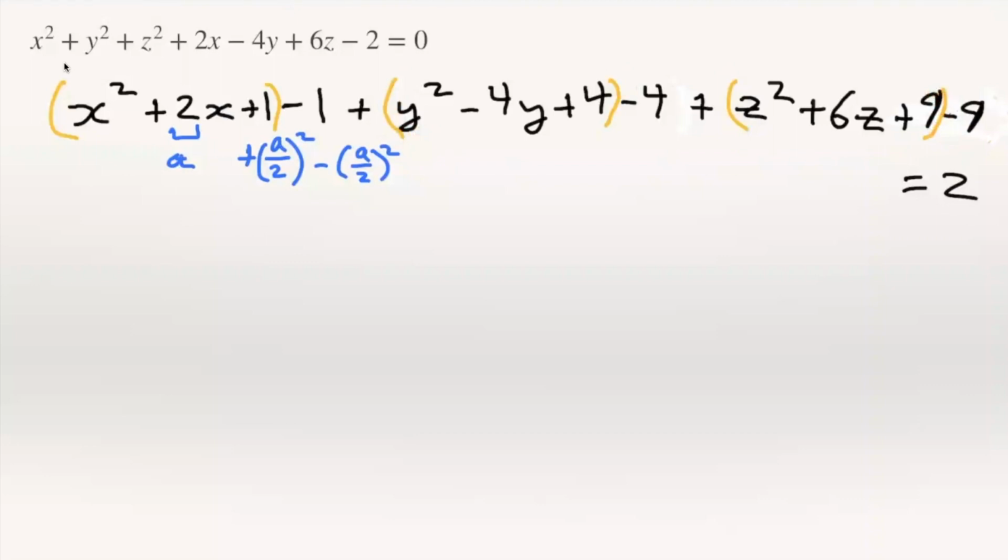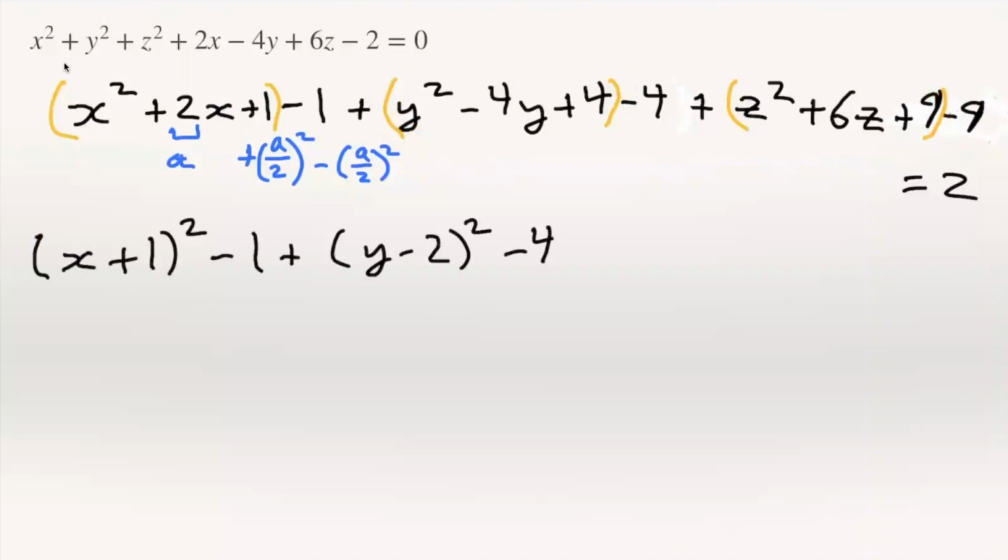Okay, so that first yellow parentheses, factoring that, we have x plus 1 squared, so that minus 1 hanging out, plus y minus 2 squared, so that minus 4 hanging out, plus z plus 3 squared, and still that minus 9 hanging out is equal to that original 2 that we added to both sides.